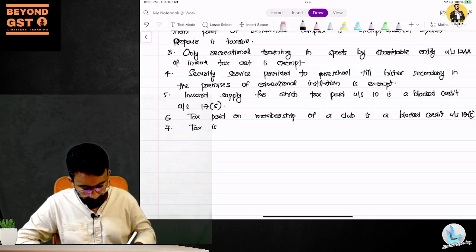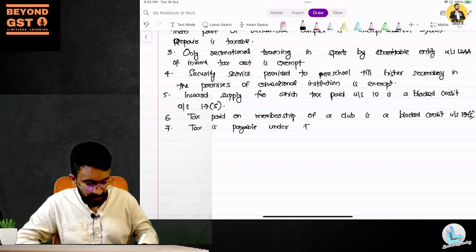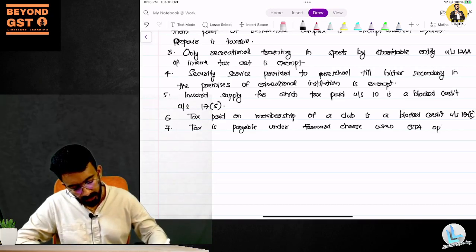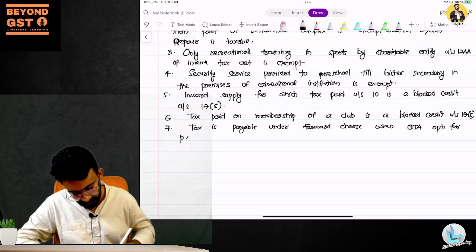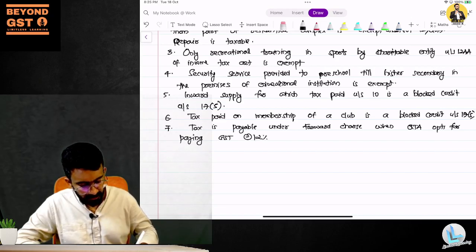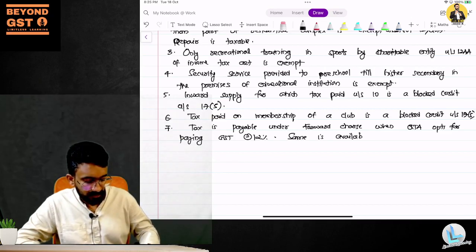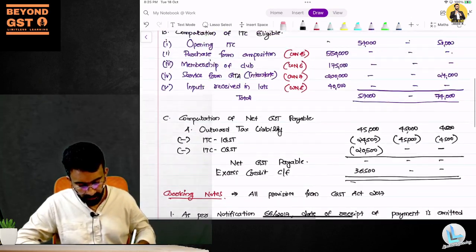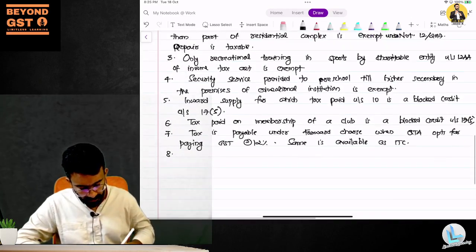Taxes payable under overcharge when GTA opts for paying GST at the rate of 12%, the same is available as credit.